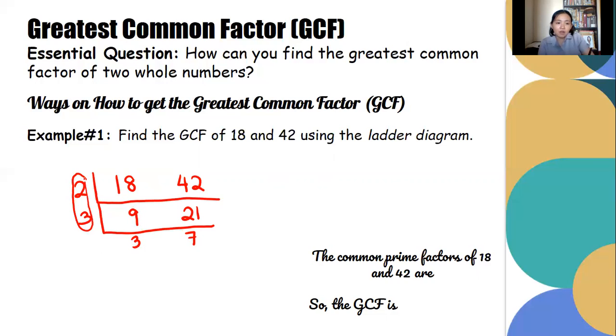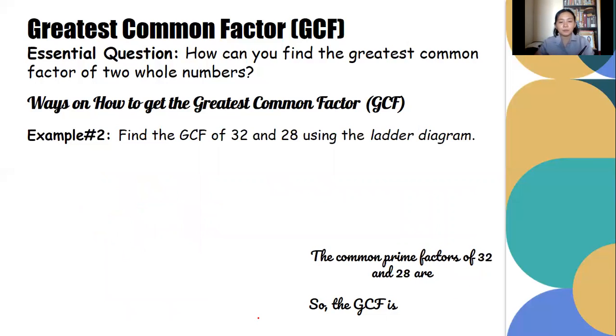By multiplying all the numbers at the side, we can get the GCF. So the common prime factors are 2 and 3. Multiplying 2 times 3, the GCF is 6. Another example. Let's try it with 32 and 28.